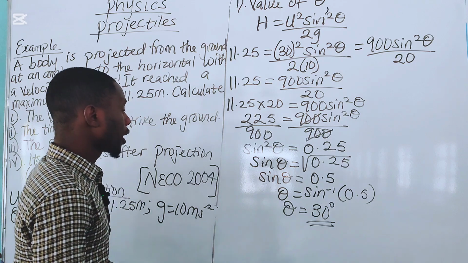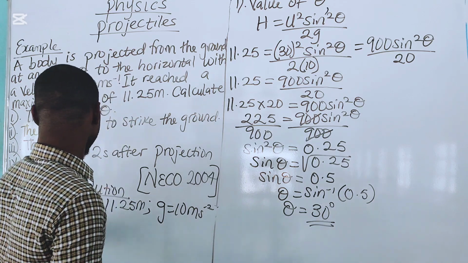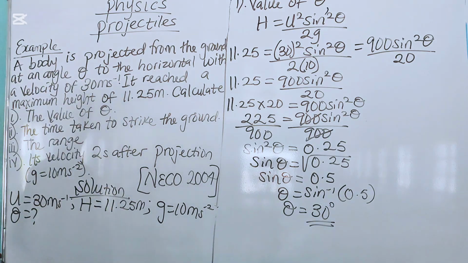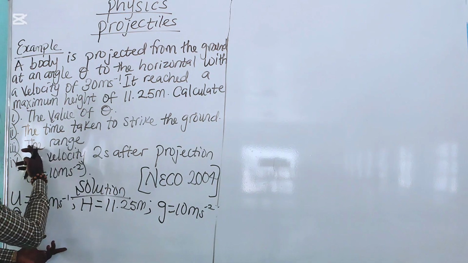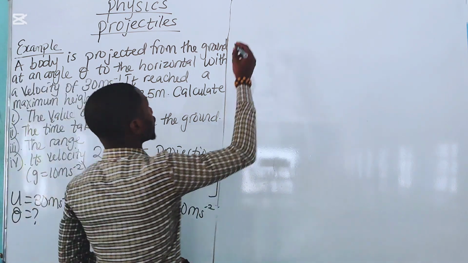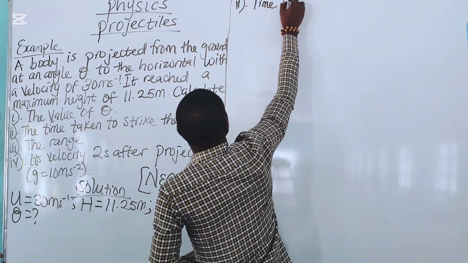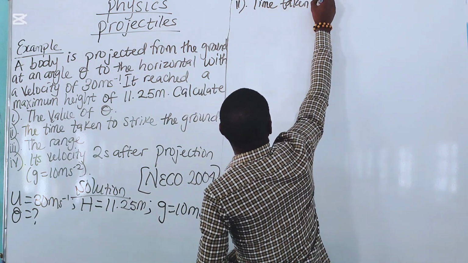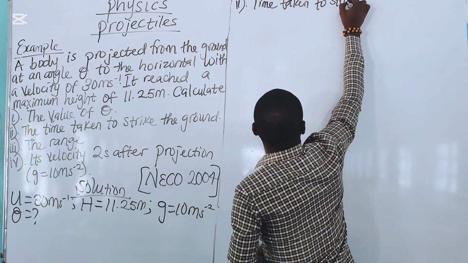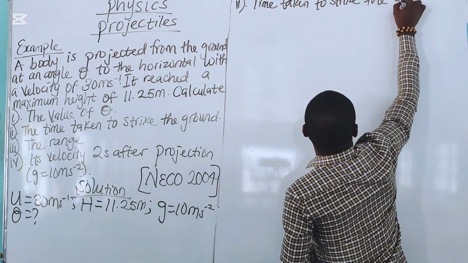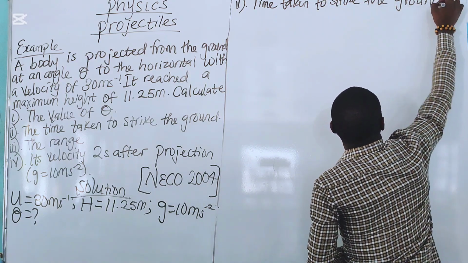Okay, so let's go into the next part, which is the time taken to strike the ground. The time taken to strike the ground. So we're looking for the time taken to strike the ground.